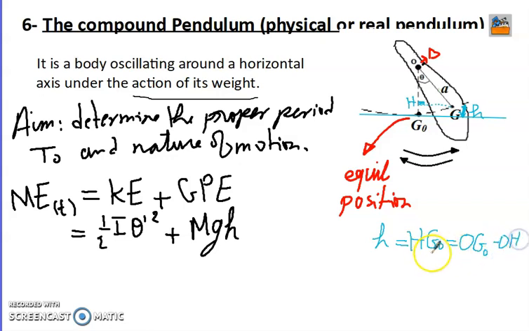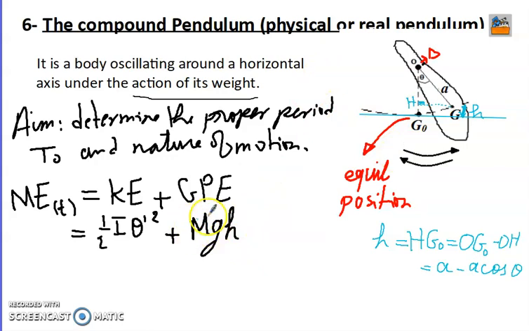Is that true? But OG0 is A, the position of the center of mass of the body. And OH is A cosine theta if you use the right angled triangle. What is I? I represent the moment of inertia of the whole system, the whole rigid body here. And what is M?